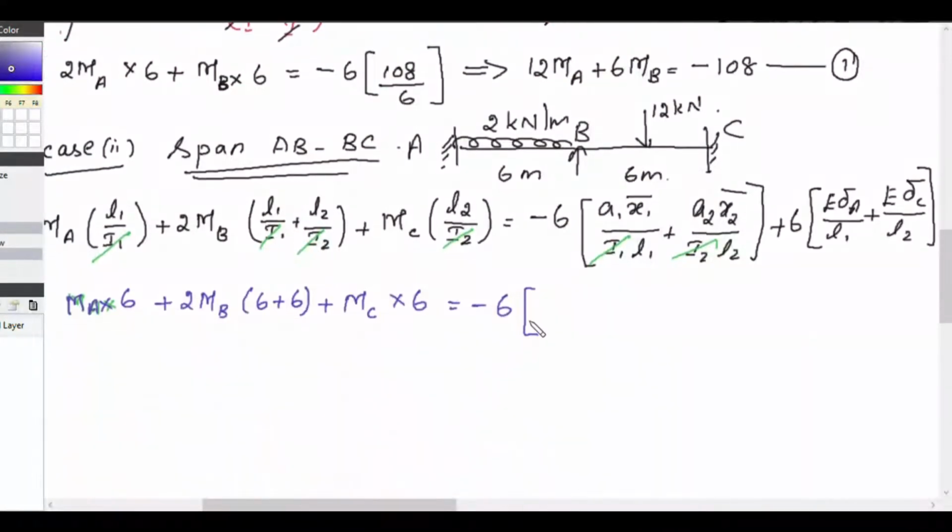So 108 by L1 is 6 plus 162 by L2 is 6. And here there is no settlement of support, so that becomes 0.